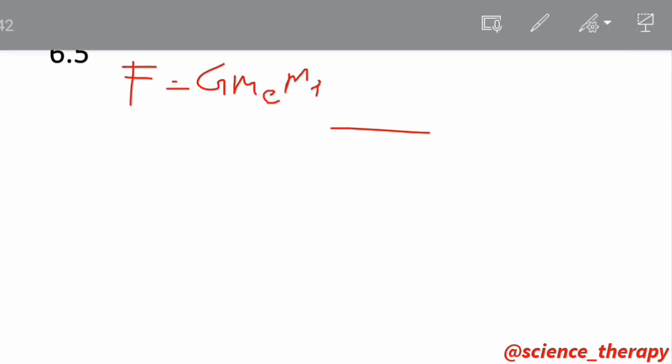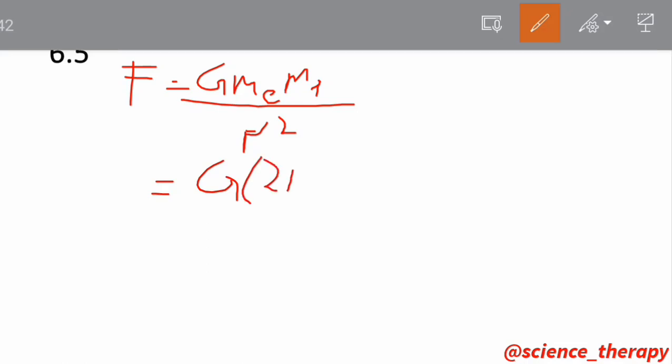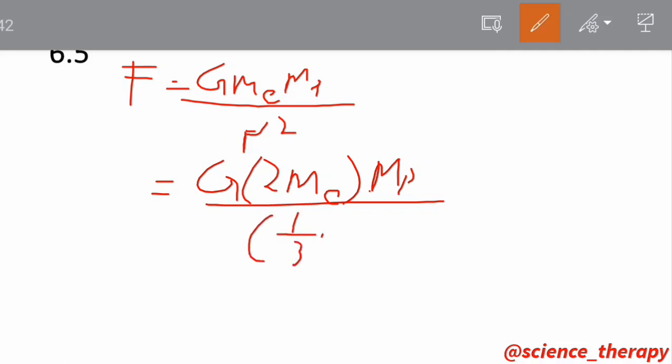Then over, so we have r squared like that. Then remember, what did they say? They say double the mass of the Earth. So I'm just going to say 2 times the mass of the Earth, and the mass of the plane is still the same. Then they said 1/3 of the radius, so I have 1/3 r, and then square that, right?